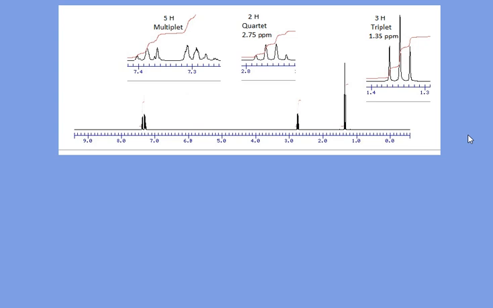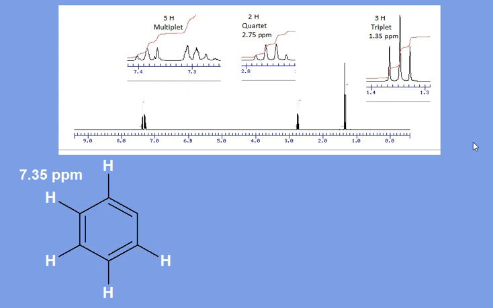That's very distinctive, and the splitting pattern is a little bit muddled, but the integration is for 5 hydrogens. So basically we've got an aromatic ring with 5 hydrogens and therefore just one position which is still to be substituted. That comes in with our peaks at 2.75 ppm and 1.35 ppm.